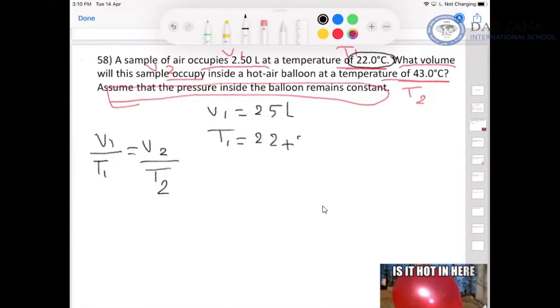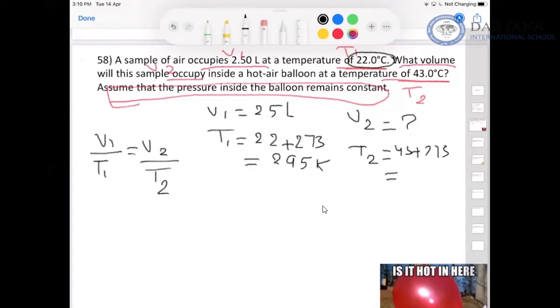You have to convert it to Kelvin, so you add 273, and T1 is going to be 295 Kelvin. Then you have V2 is the required. They are asking you to find V2, and T2 is 43. Again, you have to convert it to Kelvin, so you add 273, and that would be 316.